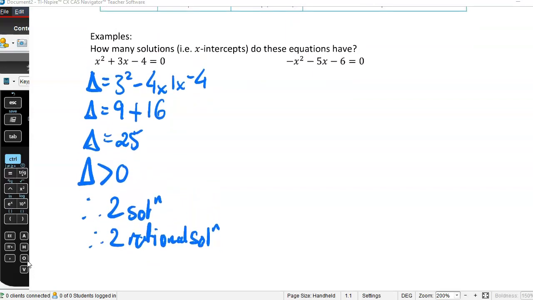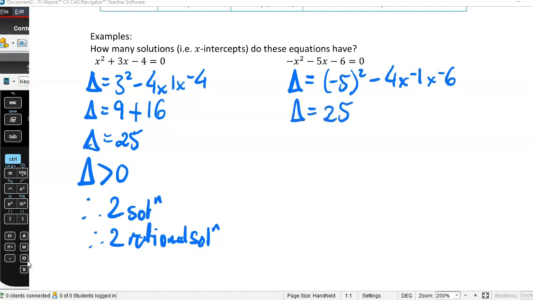Let's look at this second example. I've got negative x squared minus 5x minus 6 equal to 0. So my discriminant is equal to negative 5 squared minus 4 times negative 1, which is a, times negative 6.